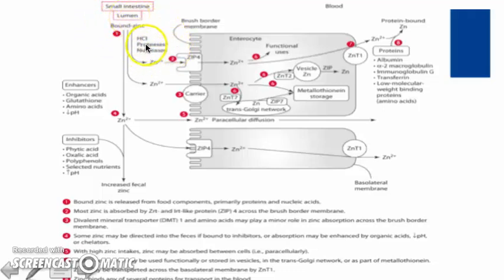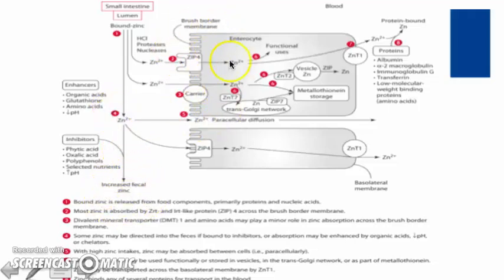So with the activity of these enzymes, we have zinc in the free form, which may either be taken to the brush border membrane for uptake through several carriers, or the zinc can be bound to different inhibitors. So we see primarily phytic acid, oxalic acid, polyphenols, etc. can bind to zinc, which would limit its bioavailability and promote its excretion in the feces.